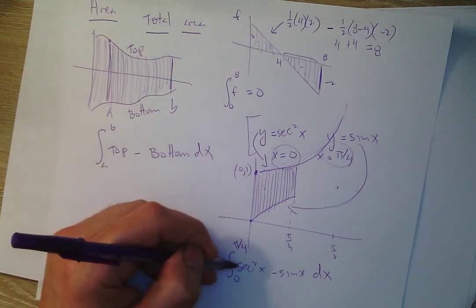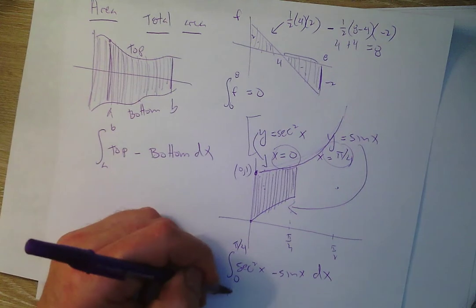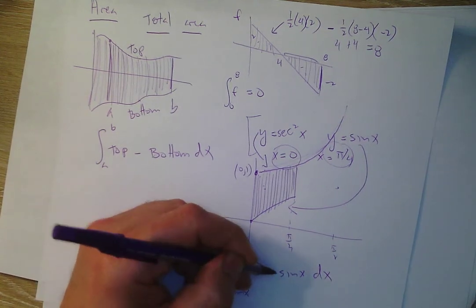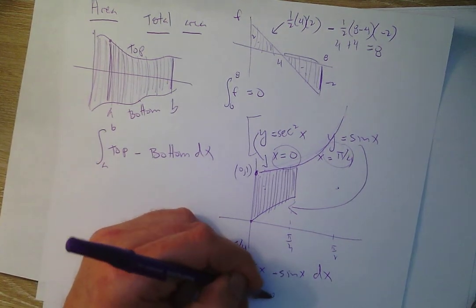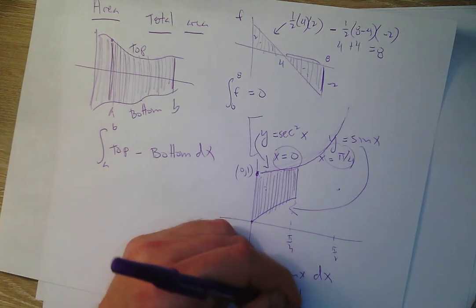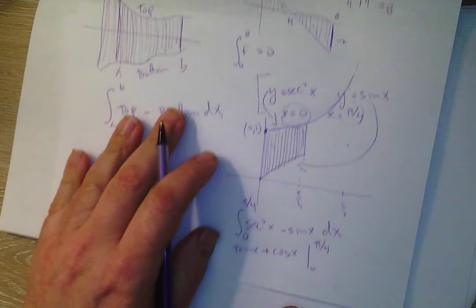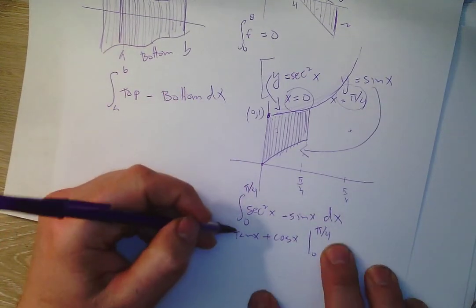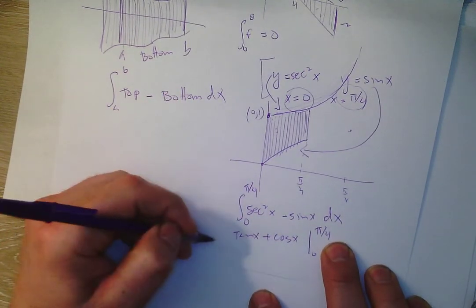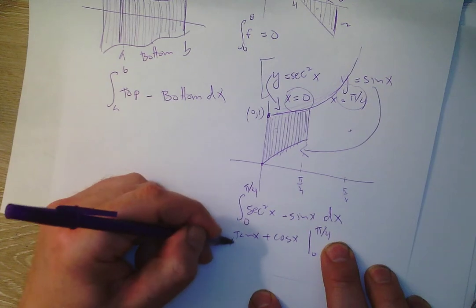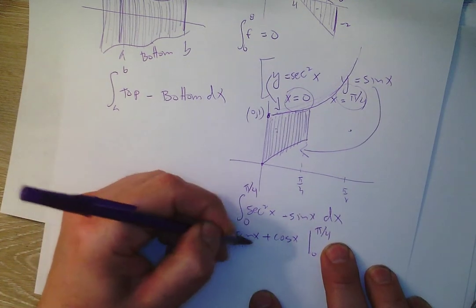Well, I know that the antiderivative of secant squared is tangent x, the antiderivative of minus sine is plus cosine x, and I'm going from 0 to pi over 4. When I evaluate this function at pi over 4, tangent of pi over 4 is 1.